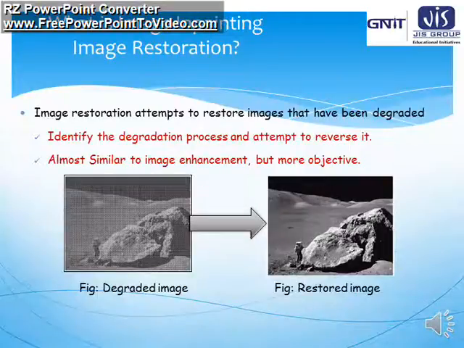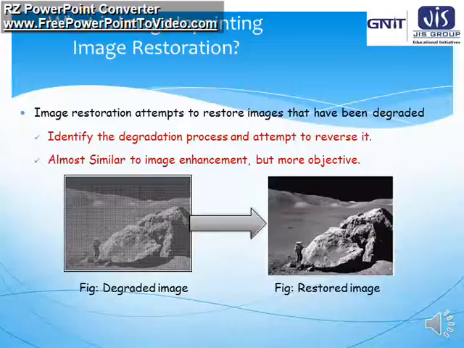Now if we go for the definitions, what is image inpainting or image restoration? Image restoration attempts to restore images that have been degraded. First of all, identify the degradation process and attempt to apply just the opposite or reverse of it.